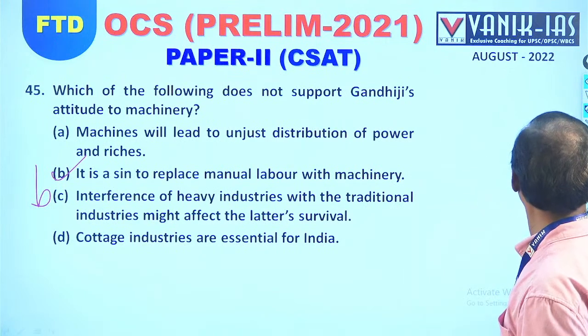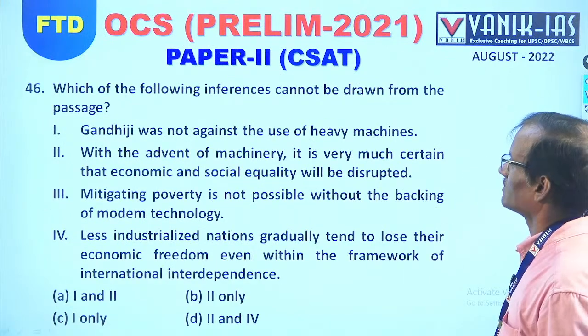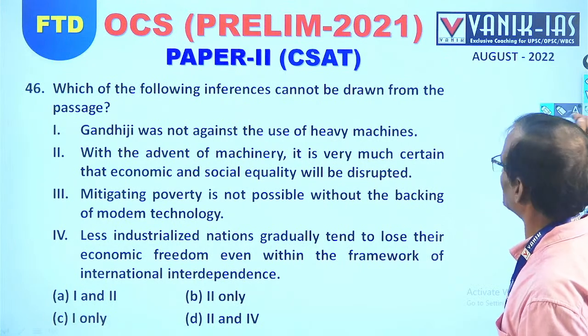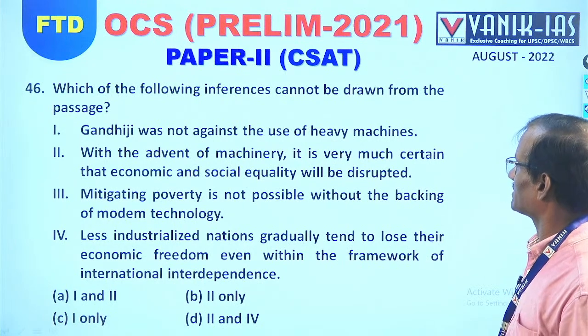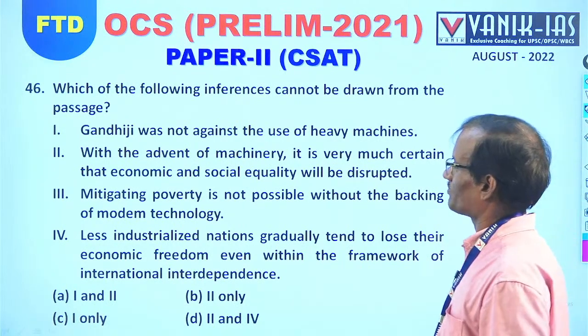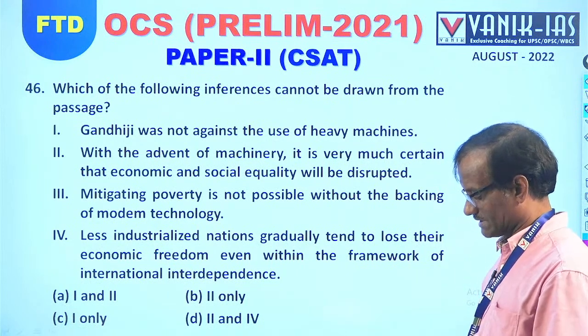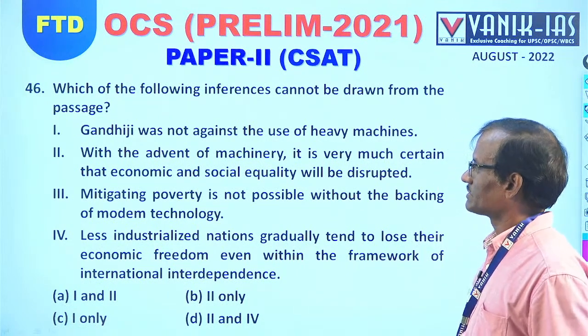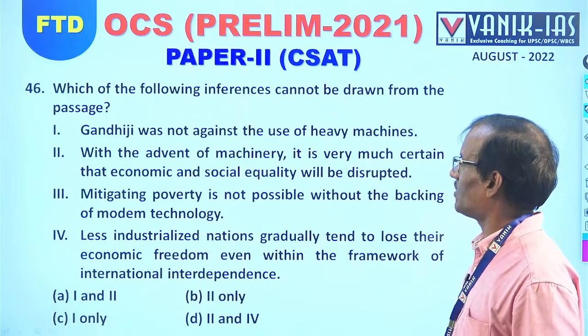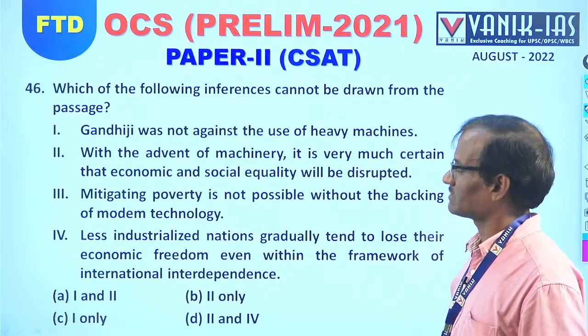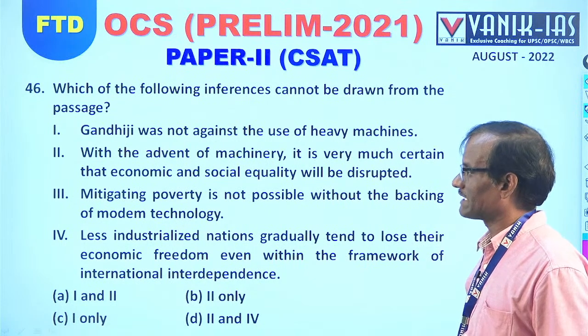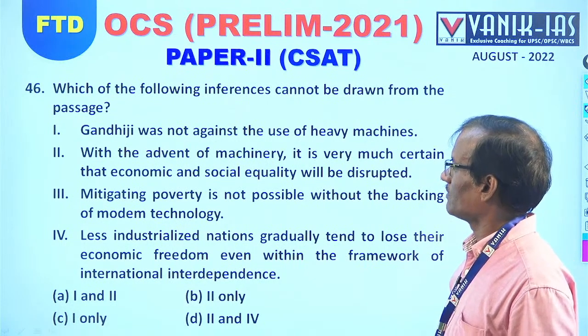Next, 46. Which of the following inferences cannot be drawn from the passage? Gandhiji was not against the use of heavy machines. It can be inferred, yes.